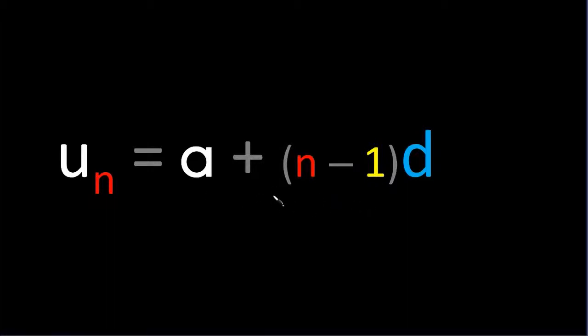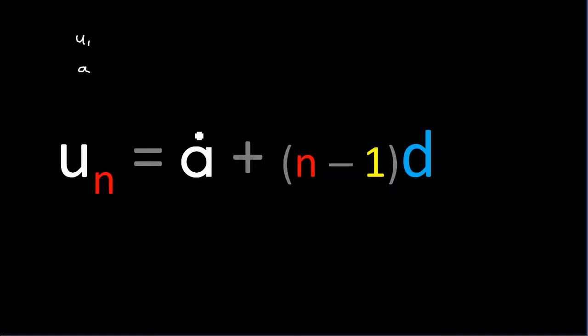So what have we got here? Well, the very first thing that we tend to want to go for, as we've seen in the video, is our values for a and d. So here we've got our first term, u1, and we called it a.